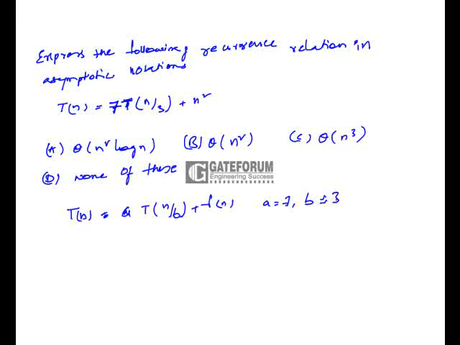Now let us check with case 1 of Master's theorem. Here we have to check if f of n is order of n power log a to the base b minus epsilon, where epsilon should be greater than 0.